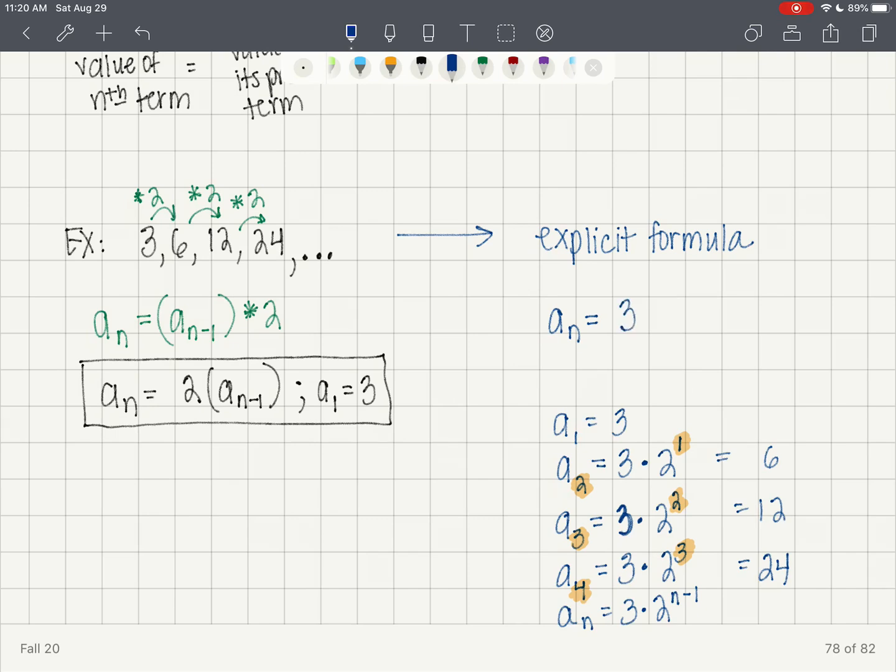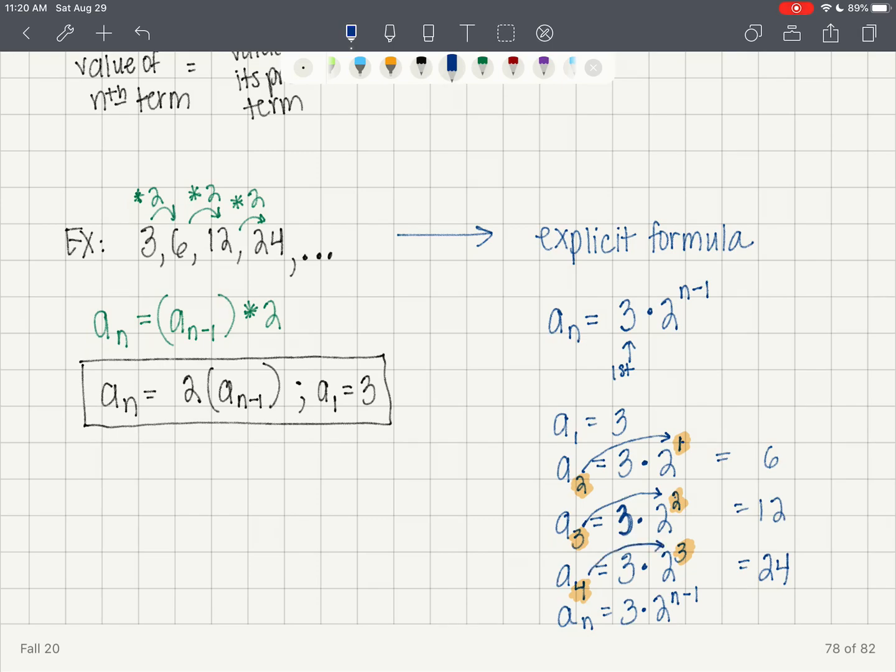A sub n is equal to the first term times 2, but I have to multiply by 2 one less time than the numbered term, okay? One less time than the numbered term. See, 1 is 1 less than 2. 2 is 1 less than 3.